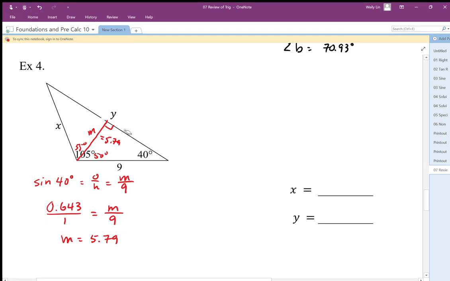I'm going to start by solving for this side y, and I don't know the whole length of this side, but I know that the partial length from here to here can be found using Pythagoras or trig. I'm going to use Pythagoras. n squared is equal to, it's a shorter side, so I need subtraction, so my long side minus the shorter side squared.